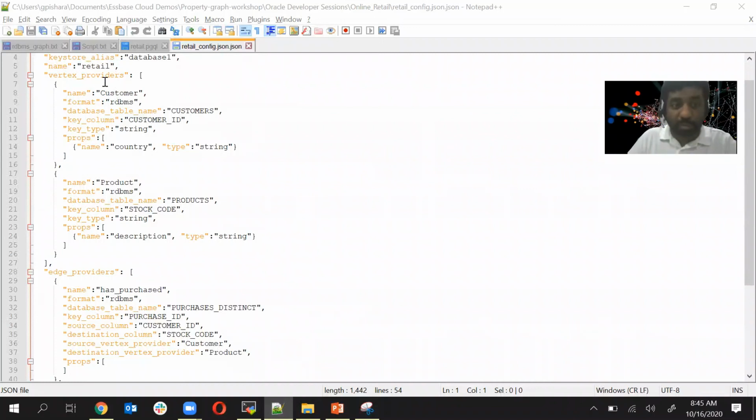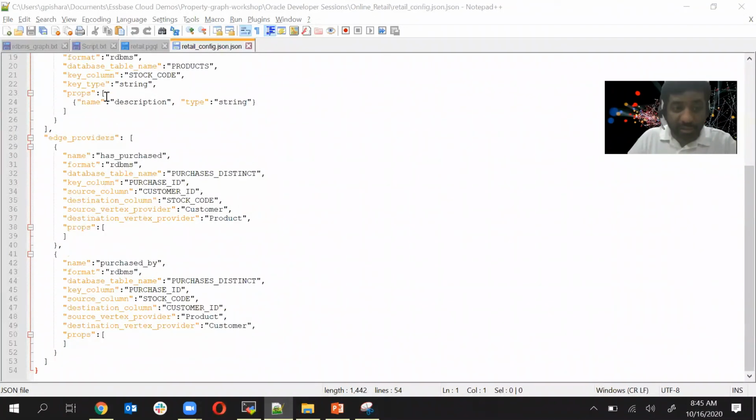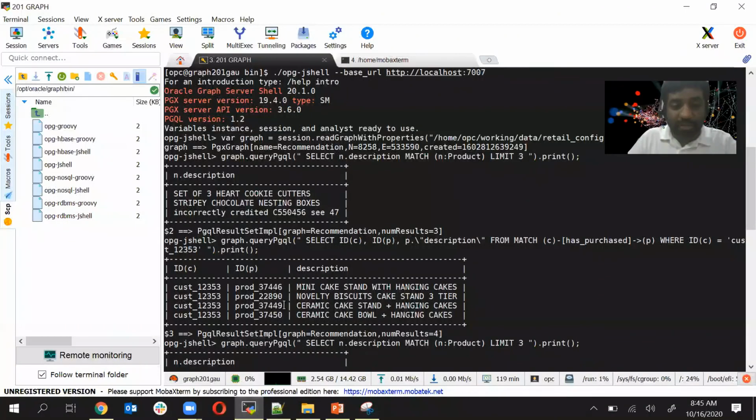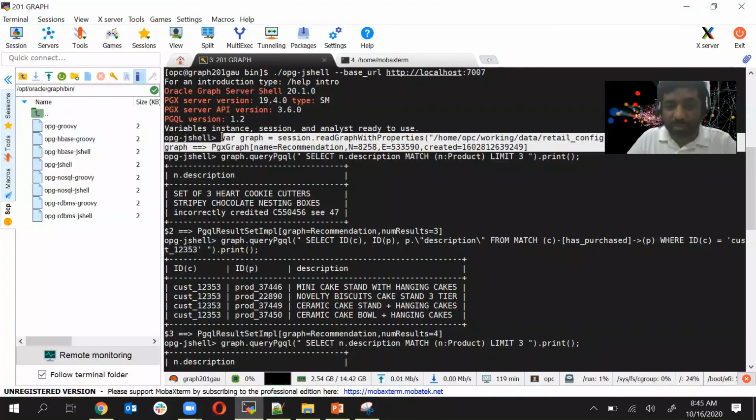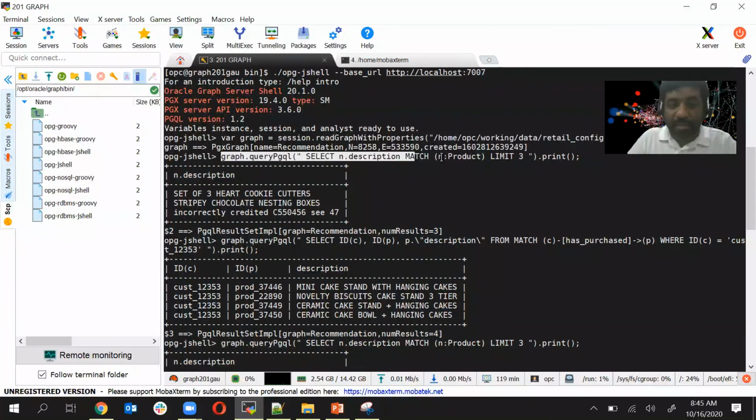I have mentioned all my vertices information and my edges information here, the various properties involved with vertices and edges, based on which we'll be able to fetch the graph data from the database and then load it into memory. So this particular step I'm highlighting here is basically fetching the data from the Oracle database and then loading it into memory, and then I can write my different statements.